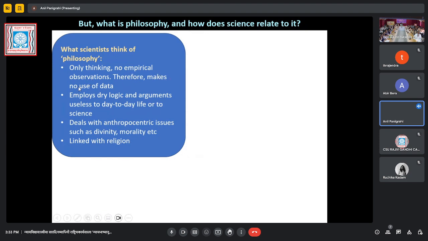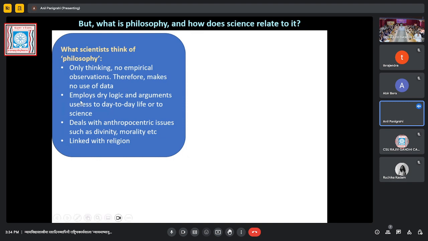Therefore, philosophy makes no use of data. Yes, we can see that there is not much use of data in philosophy. And so far, we are thinking of philosophy from a conventional standpoint. We are not looking into a very broad perspective of philosophy yet.